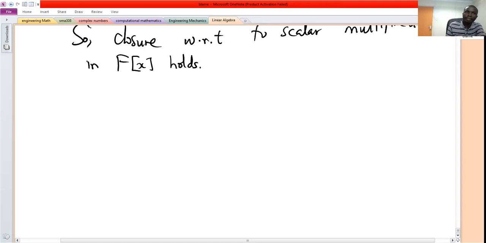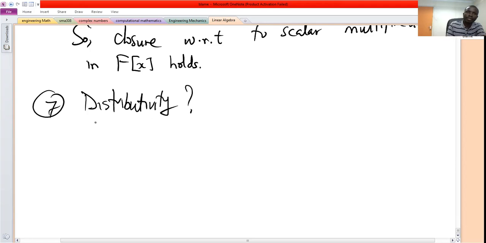Number 7, distributivity. So we start with left distributivity of multiplication over addition.